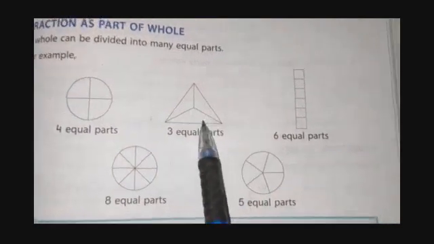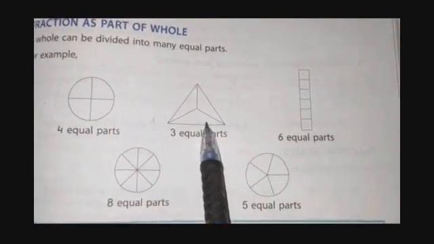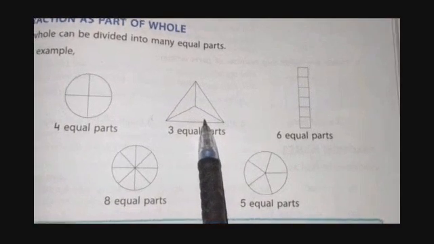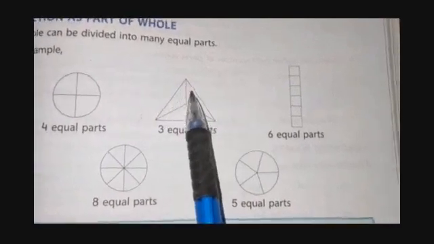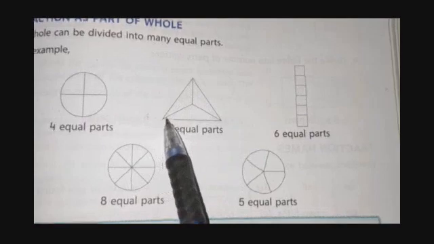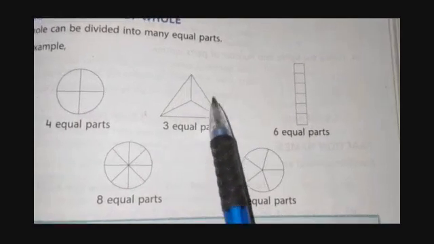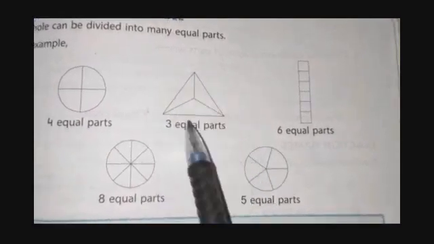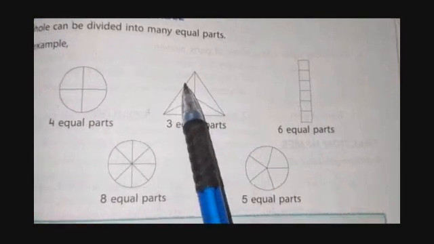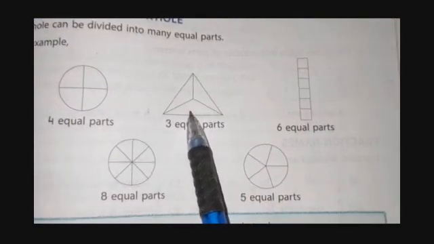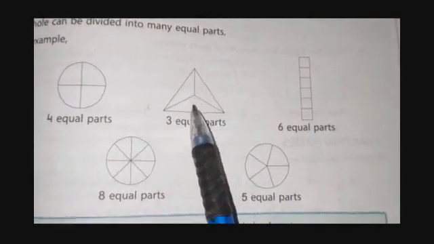Let us look at another shape. This is a triangle, and this triangle is divided into 3 equal parts: 1, 2 and 3.